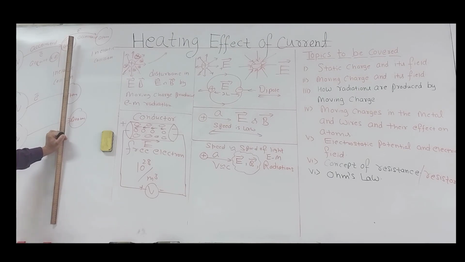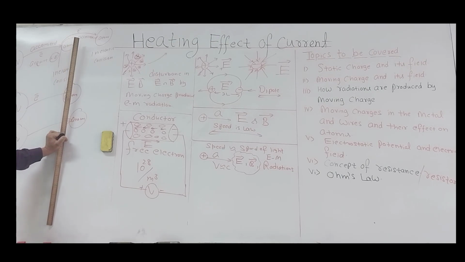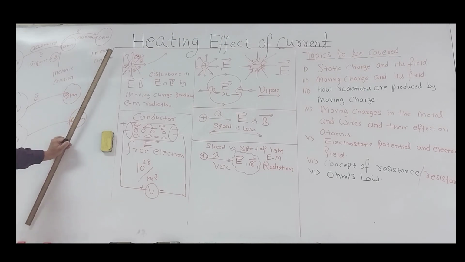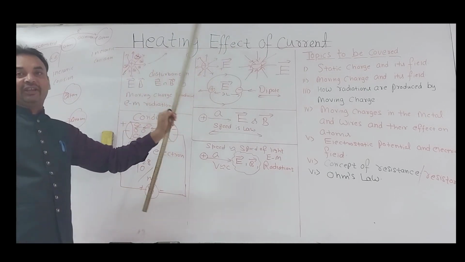Macroscopically we can say there is a rise in temperature of the atom, or a rise in the temperature of the whole of the metal wire. This is how the moving electrons heat up the wire.